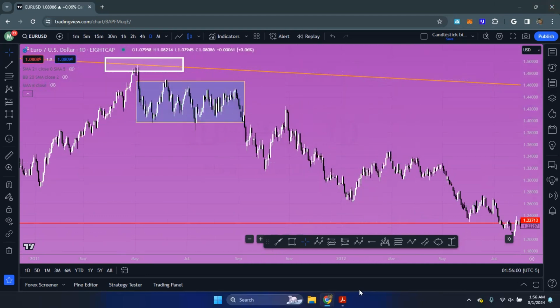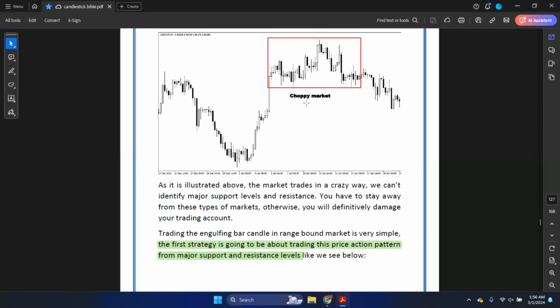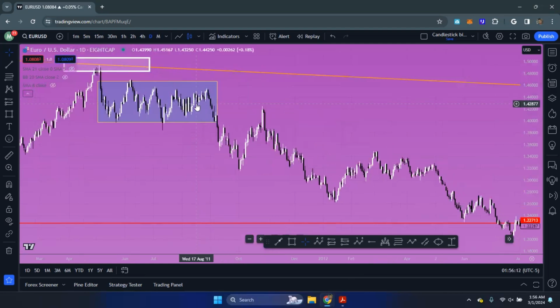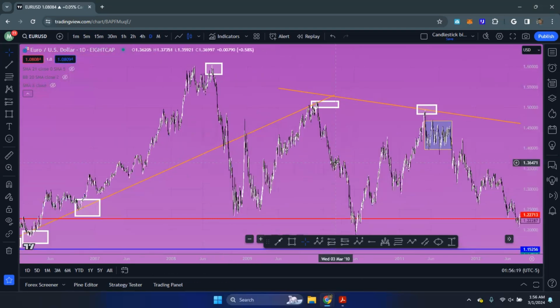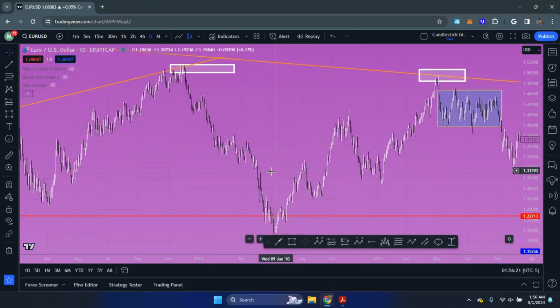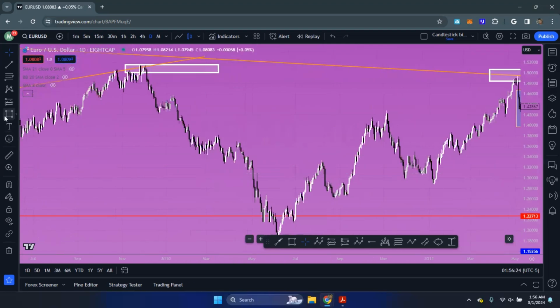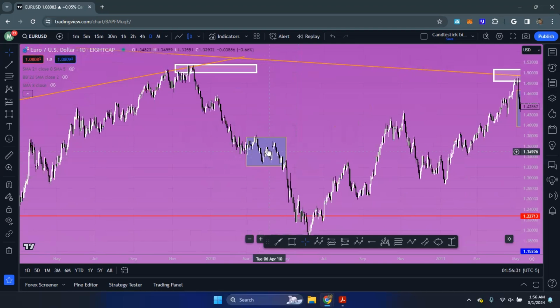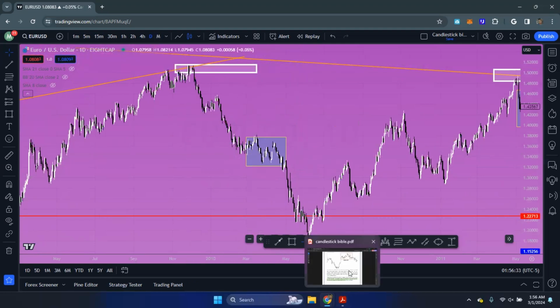No clear indication. Well, kind of. Until she broke out and then she came to retest. But we didn't really have a clear indication on what it was doing. Also, something like this. A choppy market.